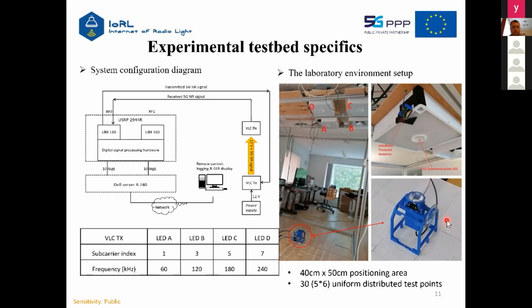And an APD with an optical lens is used to collect the VLC positioning data. Under this experimental environment, 30 uniformly distributed test points were selected over the 50 centimeters by 50 centimeters positioning area.